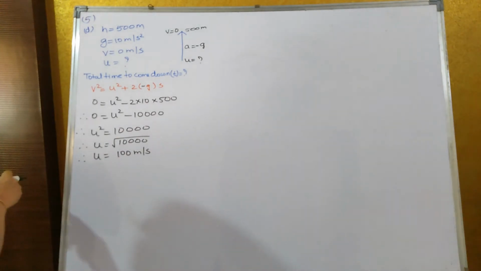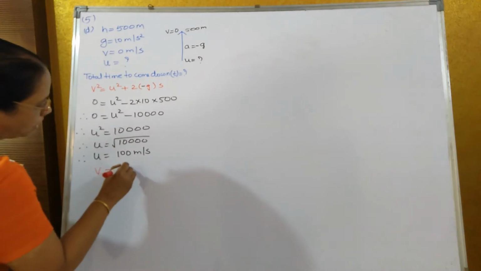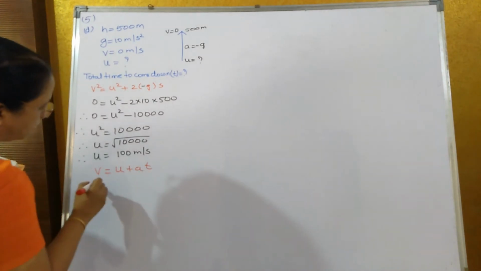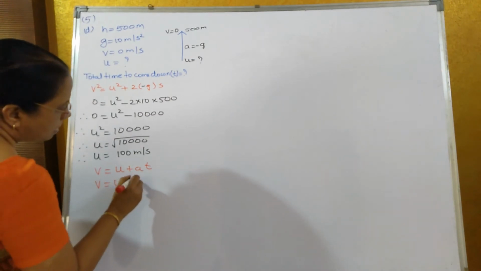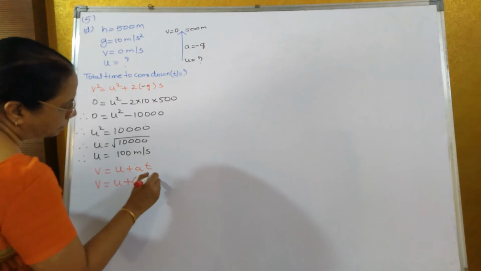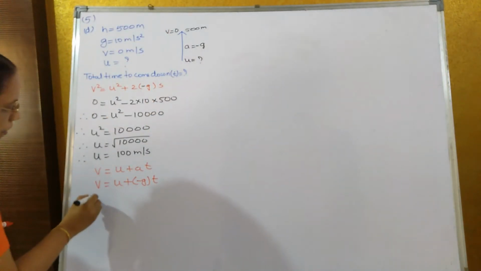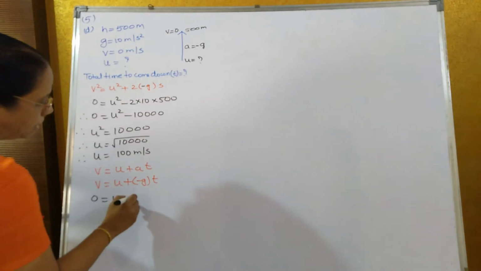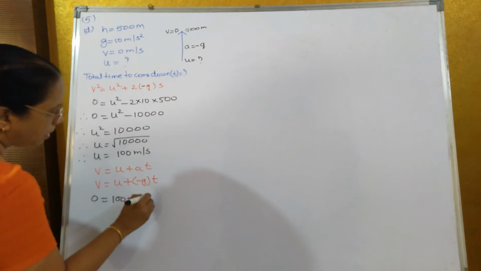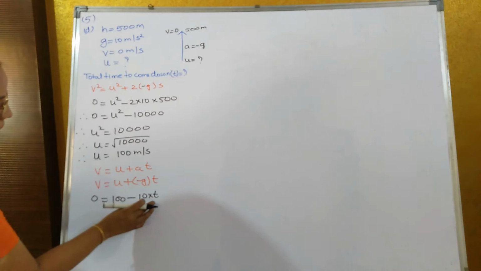Now we have to take the total time taken. Over here you will use the formula v is equal to u plus at, that is v is equal to u minus gt. So how much time will it take to go up? Now v is 0 over here, u we have already got 100, and minus 10 into t. Now bring this 10t on this side.